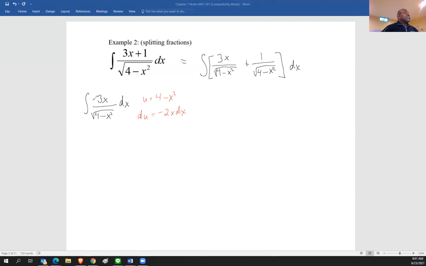All right, so now in this problem, we need the -2 factor, so we can multiply and divide out by -2 to get that factor. The 3 in the 3x will bring out in front, so that in terms of u, this becomes -3/2 times the integral of du over the square root of u.